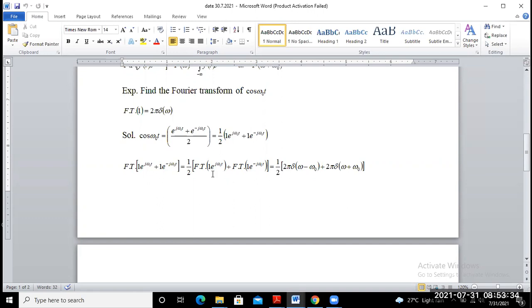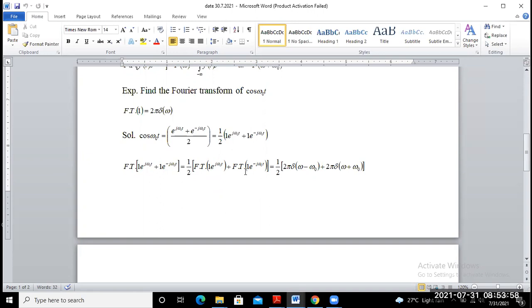If we apply the frequency shifting property, then for ft equal to 1, we already wrote that the Fourier transform of 1 equals 2 pi delta omega, is it not? So just apply the frequency shifting property of the Fourier transform.